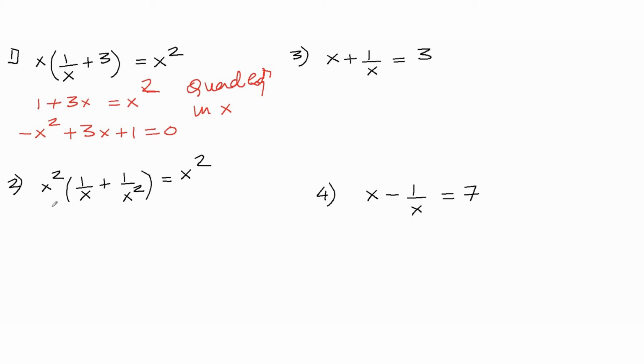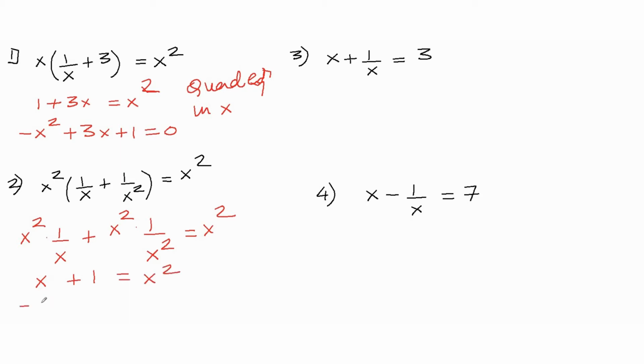Now let's take a look at the second equation. So x square into 1 by x becomes x. So let's open this term by term. x square into 1 by x plus x square into 1 by x square is equal to x square, right? And x square into 1 by x is x, plus x square into 1 by x square is 1, is equal to x square.